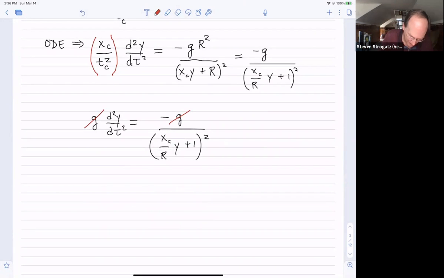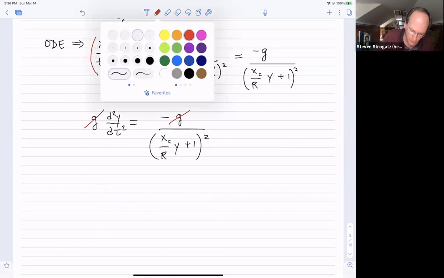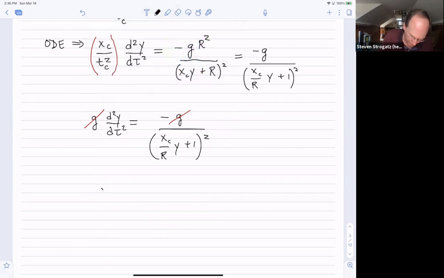It's maybe tempting to use prime. Let's use prime for tau derivative. So I have y double prime is minus 1 all over, I'm going to call it epsilon y plus 1 squared, where you see my epsilon has now very naturally emerged from all the non-dimensionalizing.